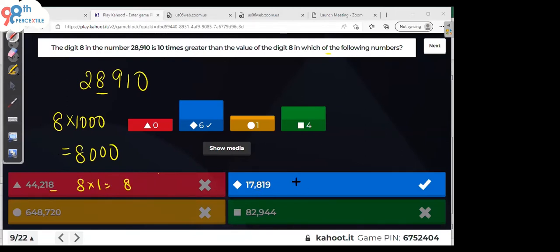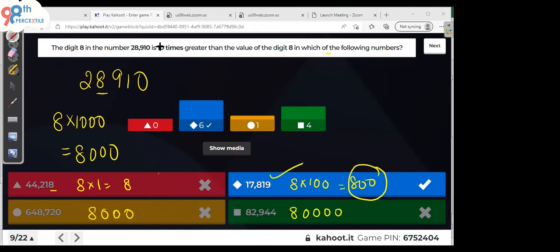Here it is 8 times 100, which is 800. Here it is 8 times 10,000, which is 80,000. Here it is 8,000 itself. So 8,000 is 10 times greater than which one? That will be 800, so this is the answer. The question is asking which value is 10 times smaller, and that is what is given in the question.